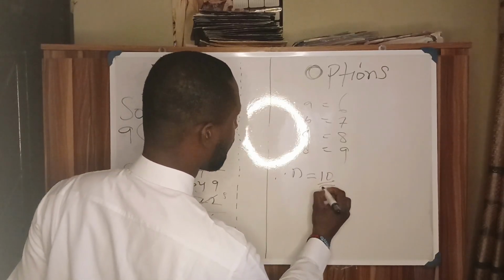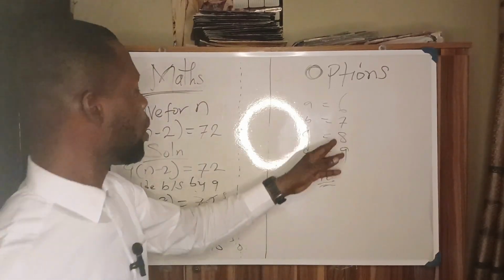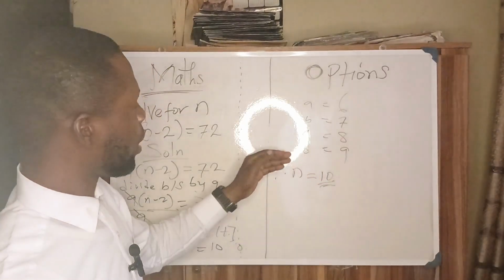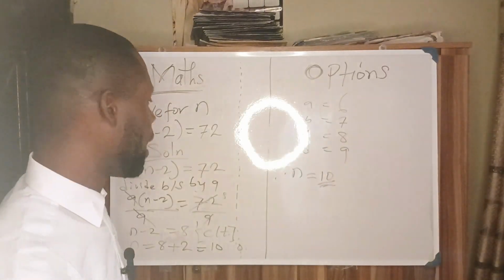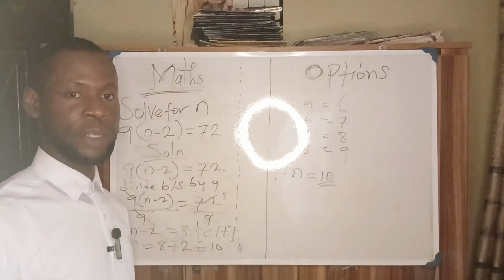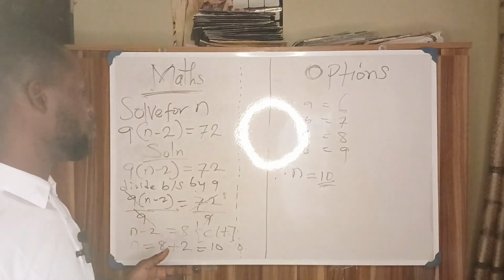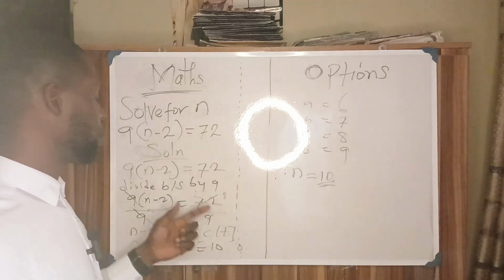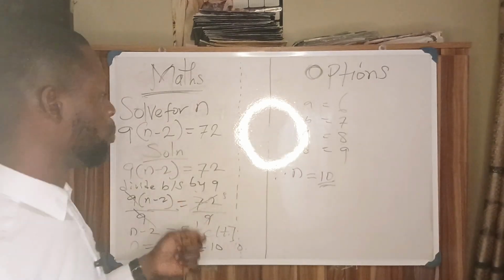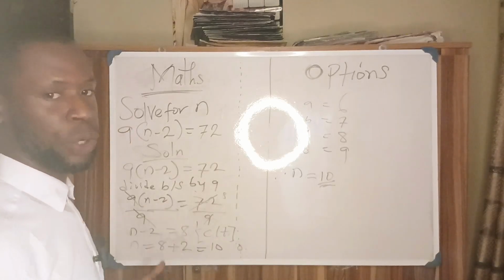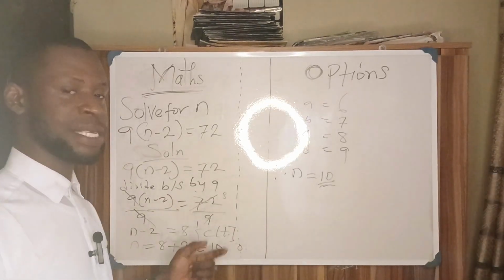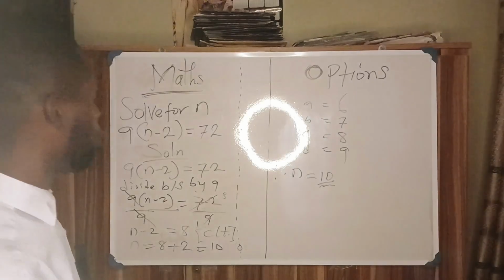Therefore, n is equal to 10, our final answer. But if you look at the options, you discover that there is no 10 here. I taught us how to check if what we have done is correct in our previous tutorial. If you have not watched it, you can go and watch it and see how to check if your answer is correct or wrong.